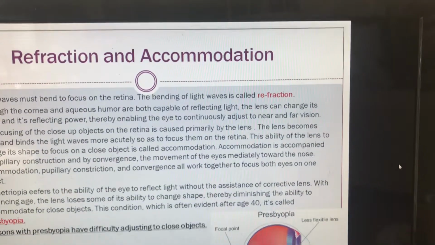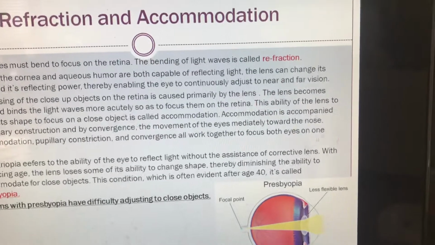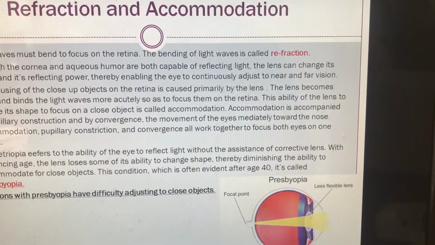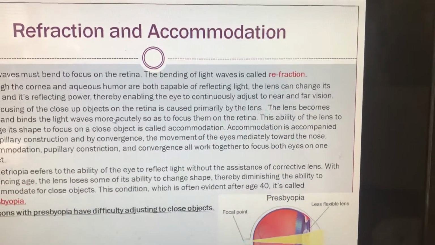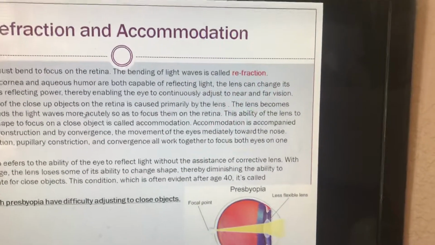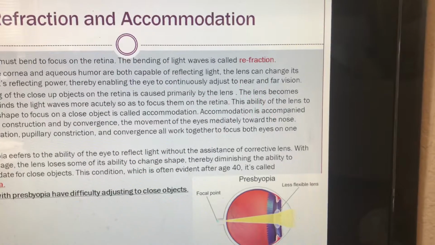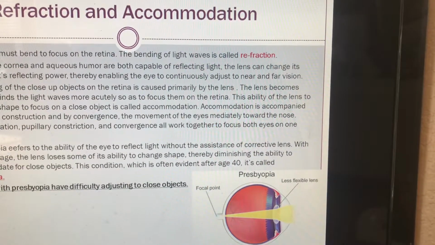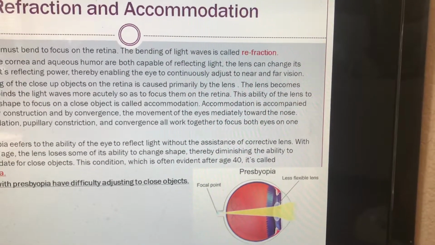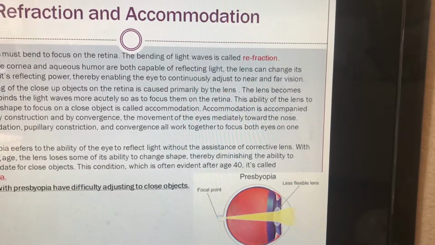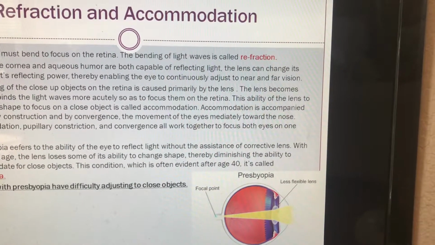And so what's important here, you have what's called emmetropia. That refers to the ability of the eye to refract light without assistance of corrective lens. So with advanced aging, the lens loses some of its ability to change shape, thereby diminishing the ability to accommodate for close objects.